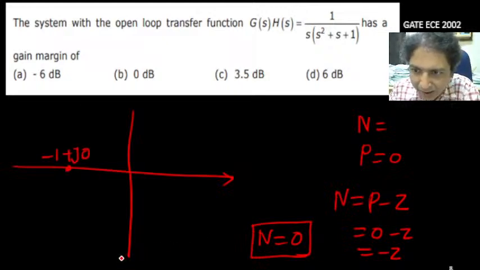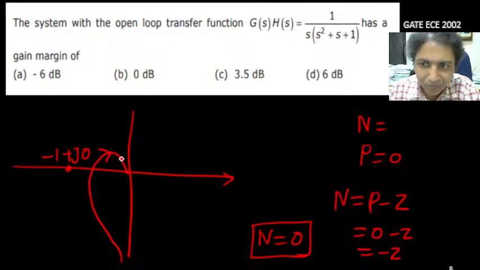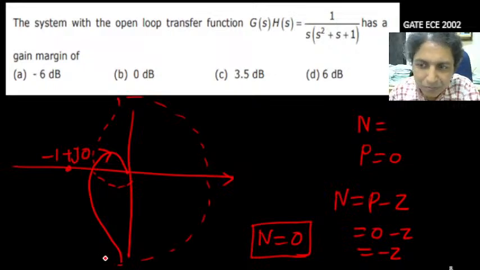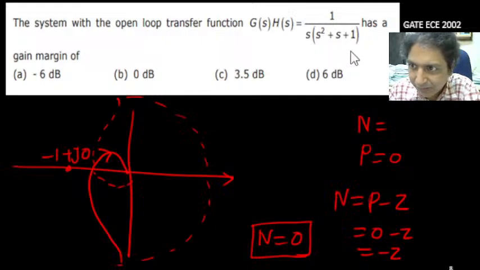Suppose I have this kind of plot, right? I am not drawing the entire one. You can understand that the rest part is there, this side is there, and this total circle is there. I am just considering this part.